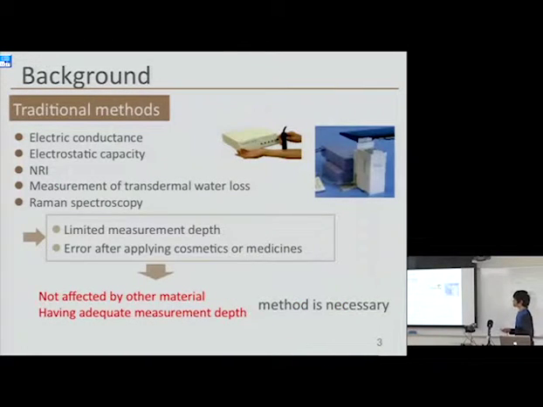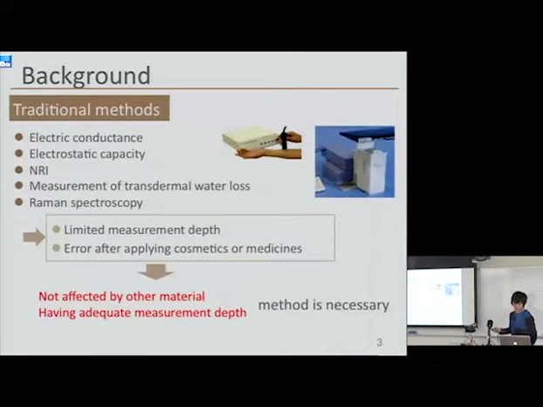The traditional methods of measuring water content in the cornified layer are measuring electric conductance, electrostatic capacity, NMR, measurement of transepidermal water loss, or Raman spectroscopy. However, there are some problems with these methods.